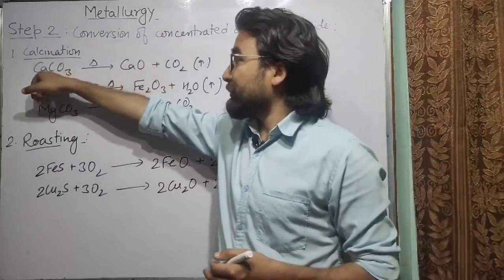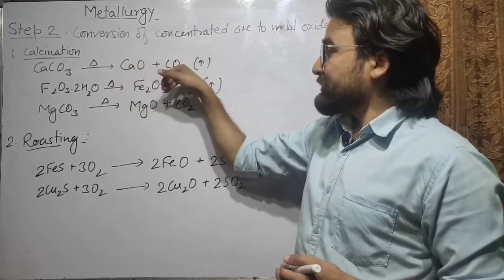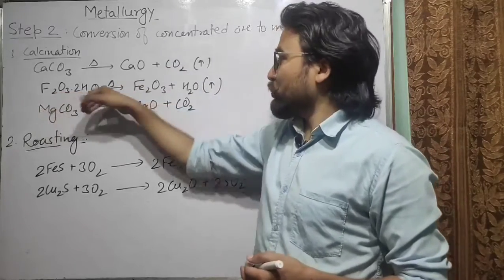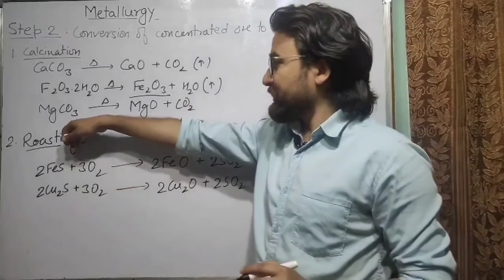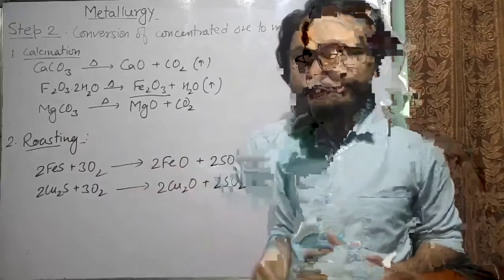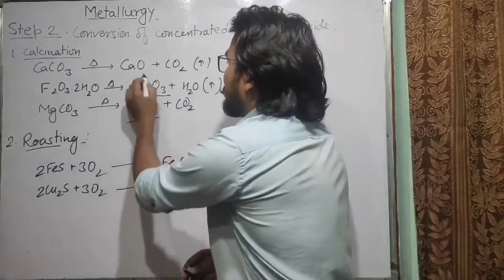You can see the example, calcium carbonate will give calcium oxide, CaO, plus CO2. Then Fe2O3.2H2O gives Fe2O3 and the water gets separated. Similarly, magnesium carbonate will give magnesium oxide and CO2. So you can see in this method we can get metal oxides.